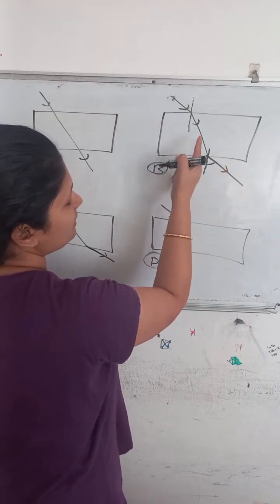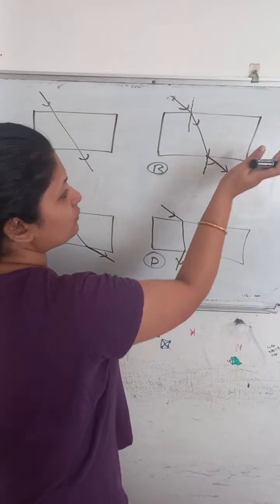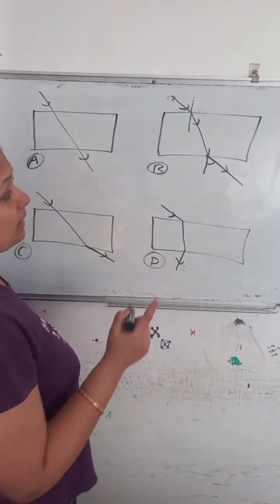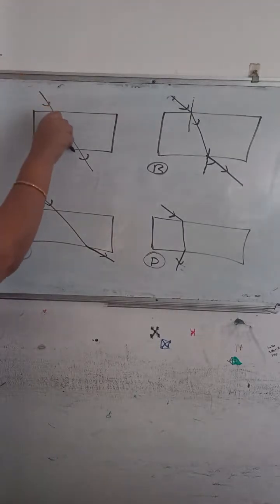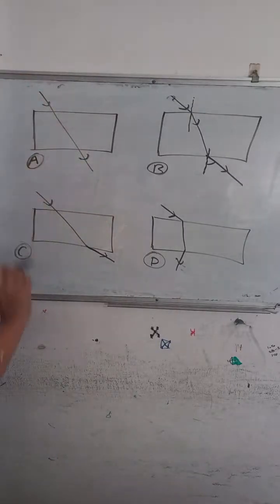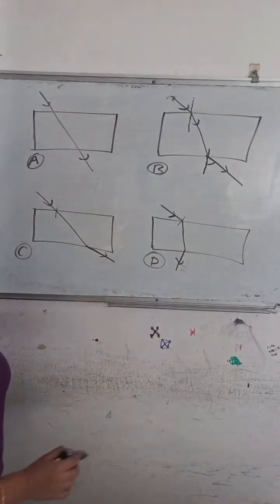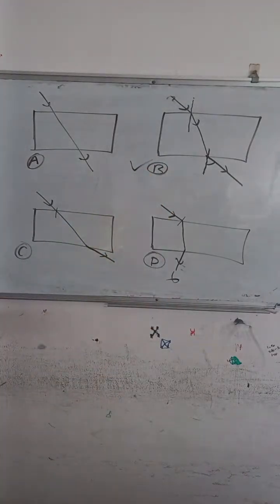Refraction takes place; the ray of light is traveling from denser to rarer, so it moves away from the normal. So this is option B. In the other case, the ray enters without any refraction and comes out, which is not possible. So option B is the correct option.